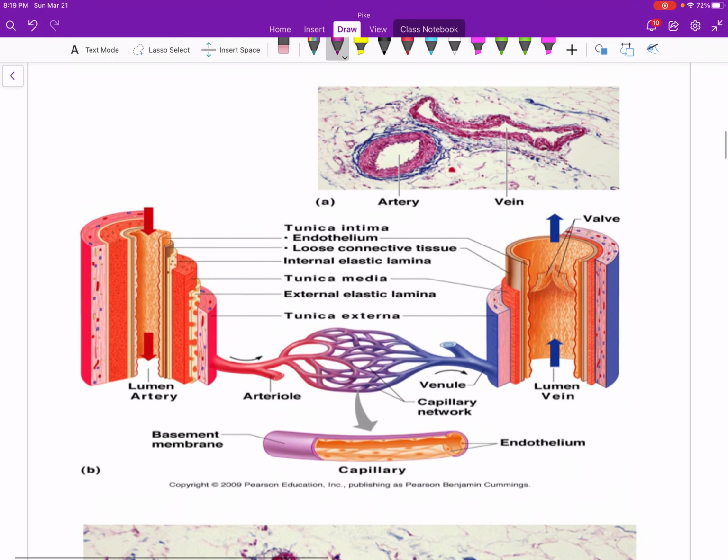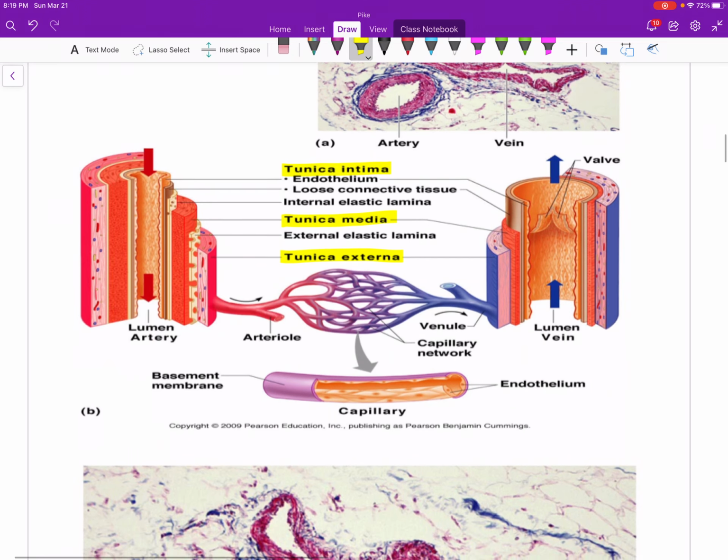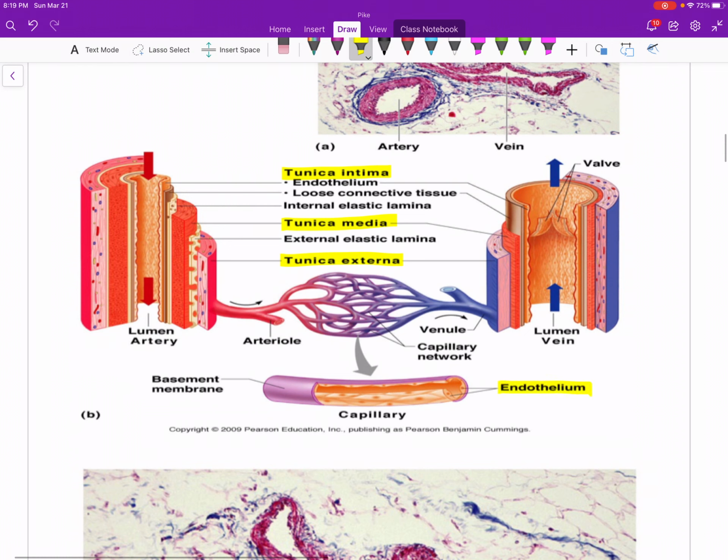We're not going to get too much in detail about this, but I did want you to see that blood vessel walls have different layers. The main layers are called the tunica intima, media, and externa. And I do want you to see that there is epithelial tissue called endothelium, which just means epithelial tissue inside something.